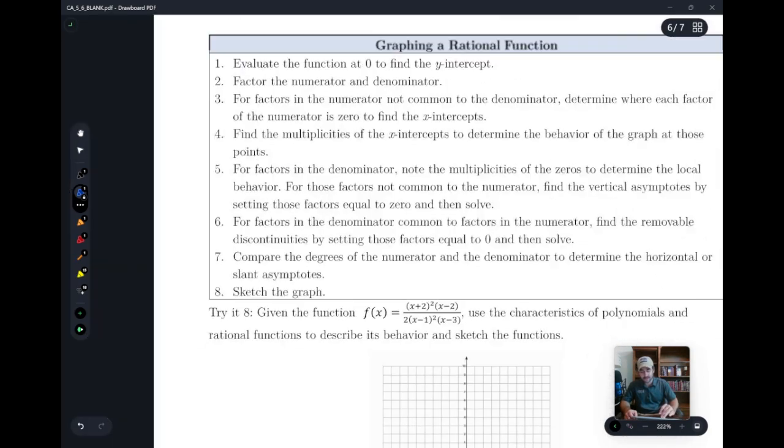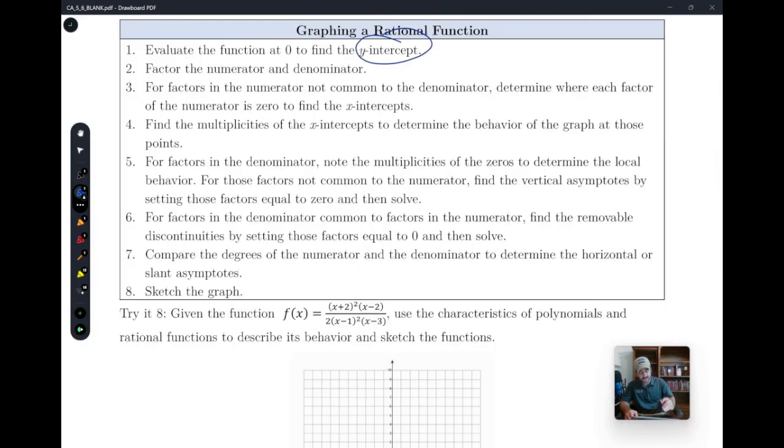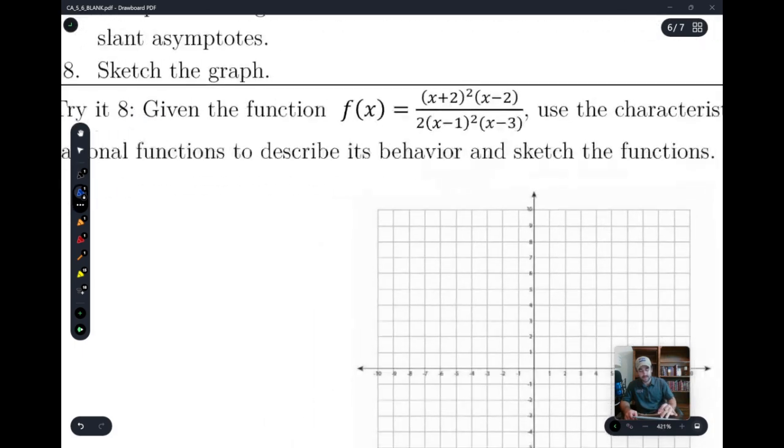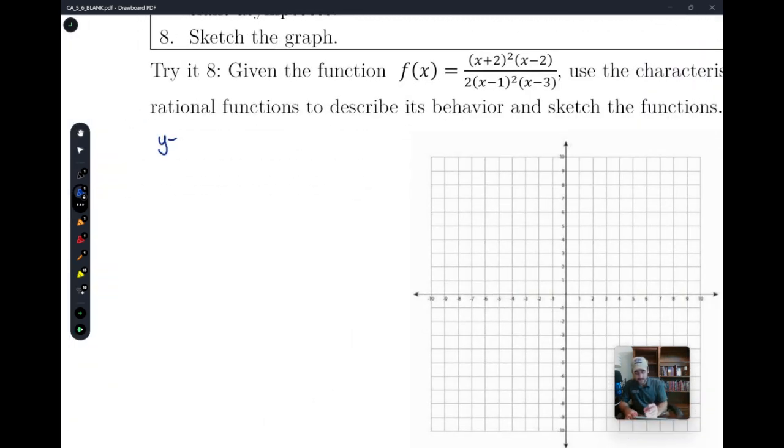We'll follow their instructions where they say start with the y-intercept because it's probably the easiest. So if we start with the y-intercept, that is just finding f of 0. So we plug it into the top and we get 2 squared, we get -2. We get a 2 on the outside. We get -1 squared. And we get -3.